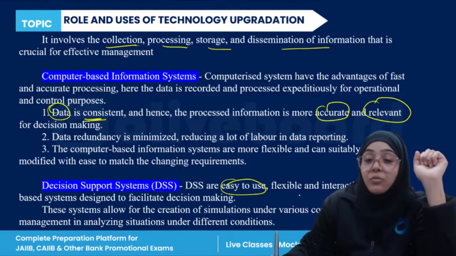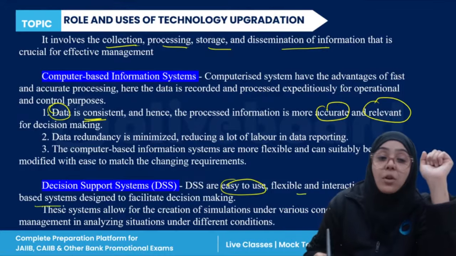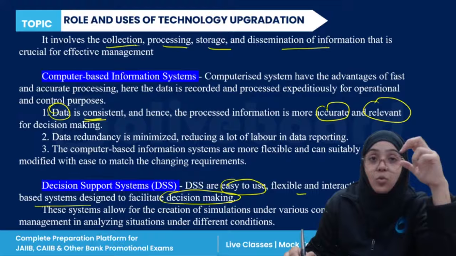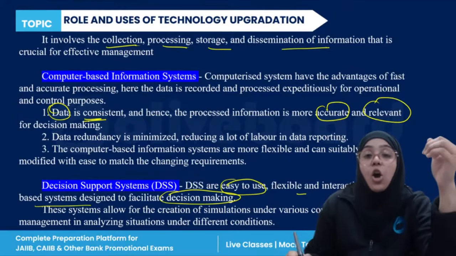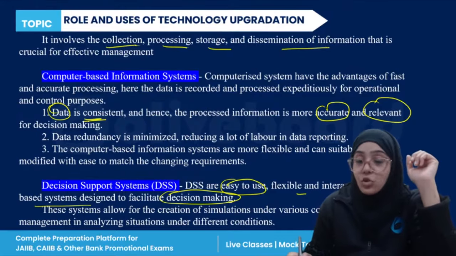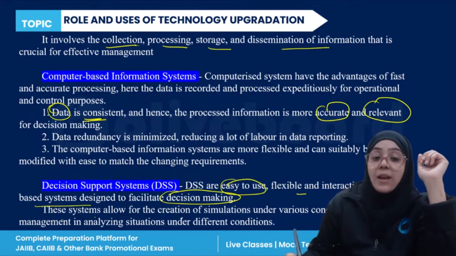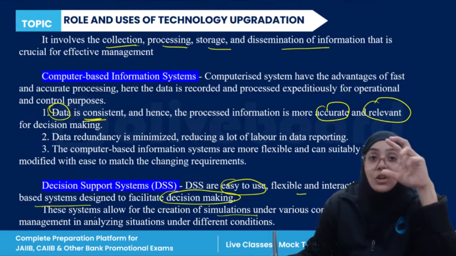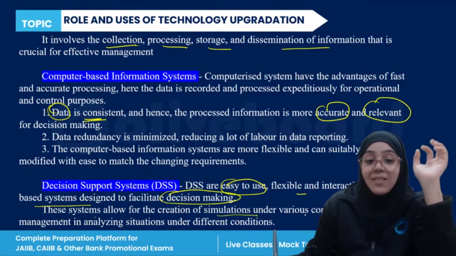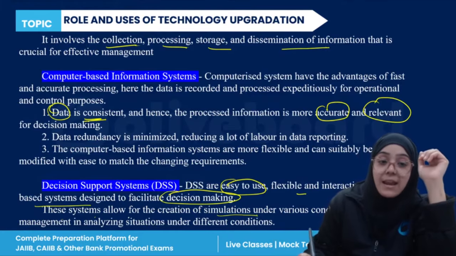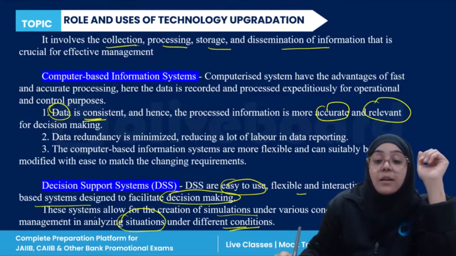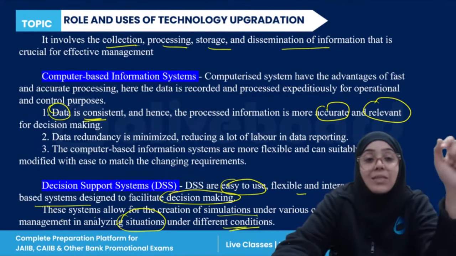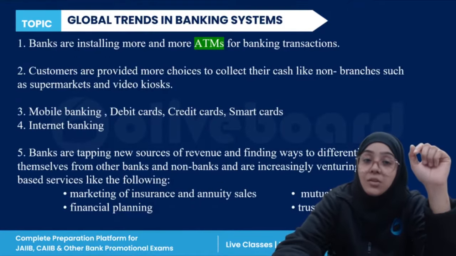These are easy to use, flexible and interactive computer-based systems that are designed to help in decision making, or to facilitate decision making. These systems allow the creation of simulations under various circumstances and conditions, which helps in analyzing the situation under different conditions. So this is the decision support system, and this is the computer-based information system.